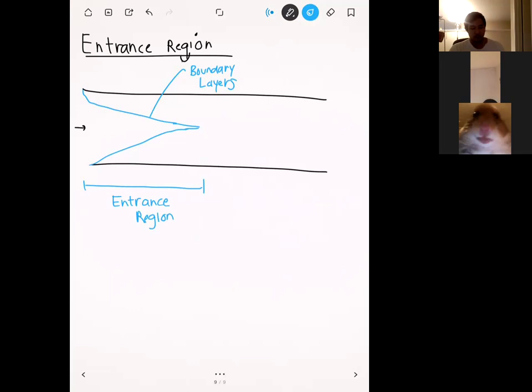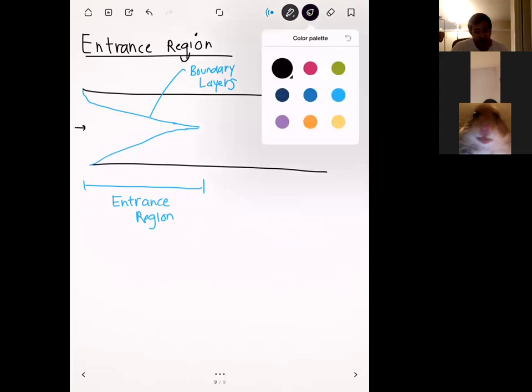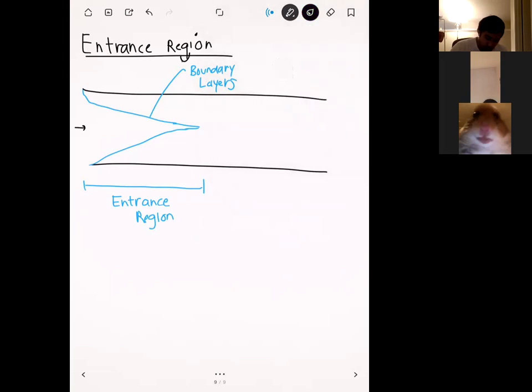Up to this point, we've been ignoring it, and we haven't done any calculations in the entrance region at all. That's on purpose, because the entrance region is very, very complicated. Even for experts, it's really hard to quantify and characterize what's going on there.